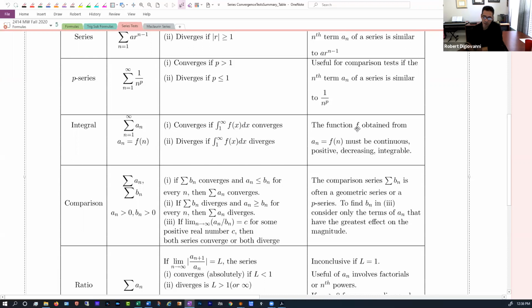Now, you have to be careful because the function that you get must be continuous, positive, decreasing, and integrable. That's everything I said the sequence had to be. Positive, decreasing, the function must be continuous and integrable. If all those things are okay, then we can use the test.